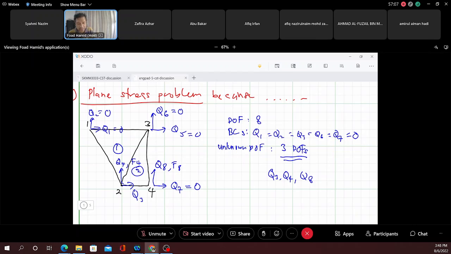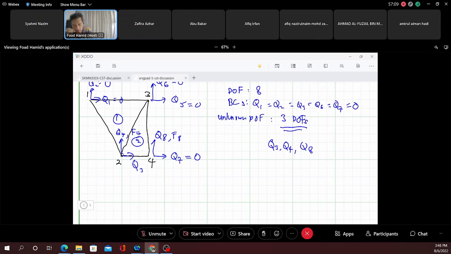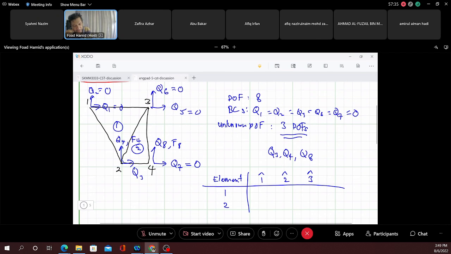All right, so in this case, I also need to do my element connectivity table. Okay, so for element 1 and element 2, you know that for our CST, there is local node 1, local node 2, and local node 3. And for element 1, local node 1 is this, local node 2 is this, local node 3 is this.